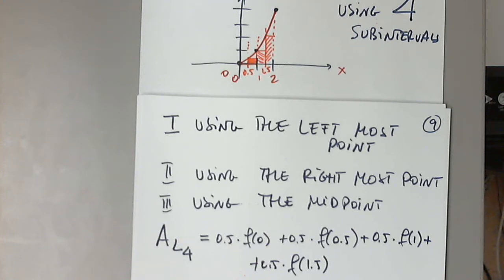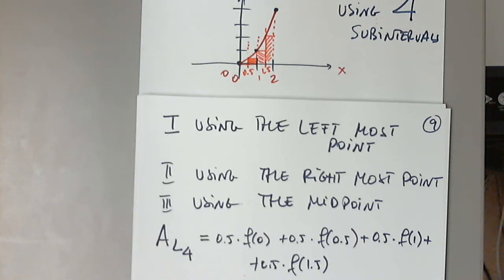Do we agree with this estimate? Base times height, which is f of 0, plus base times height, which is f of 0.5, plus base times height, which is f of 1, plus base times height, which is f of 1.5. Agreed?